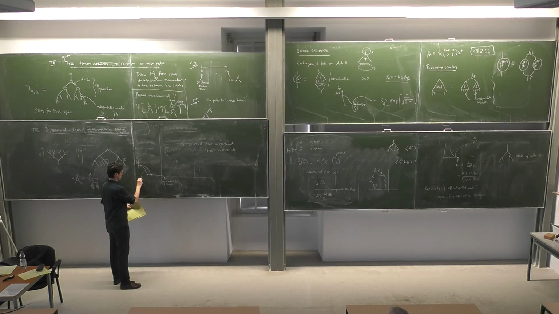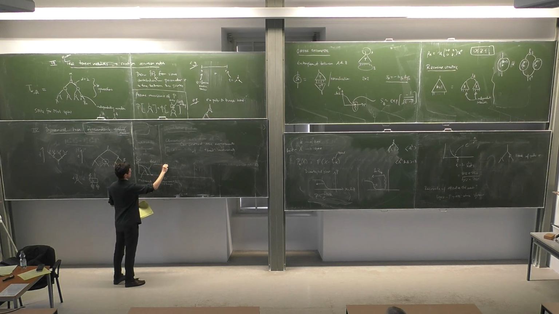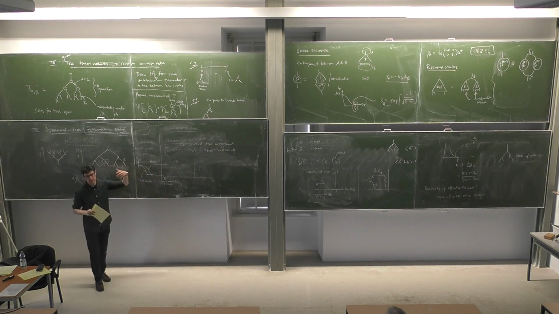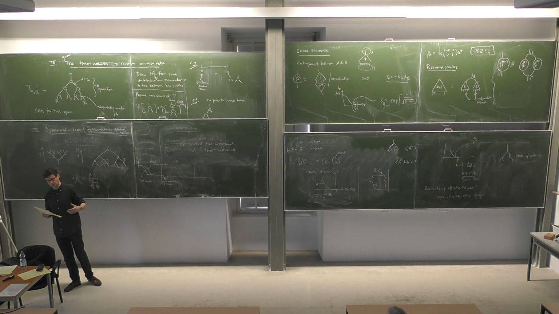This one is the true measurement. And this one is the forced measurements, or the thing which is like a random tensor network. So for the forced measurement, the recursive procedure is exactly like what I described.